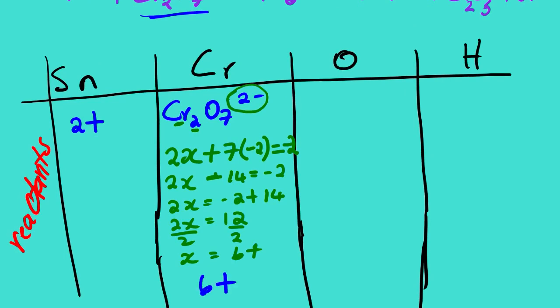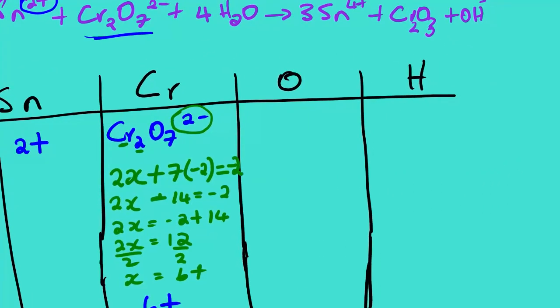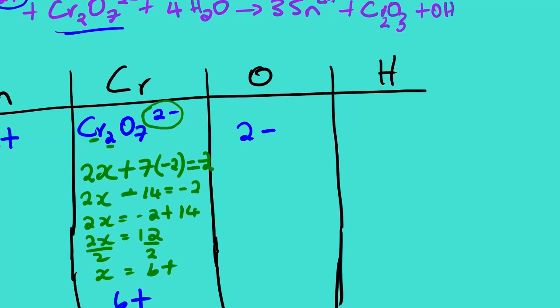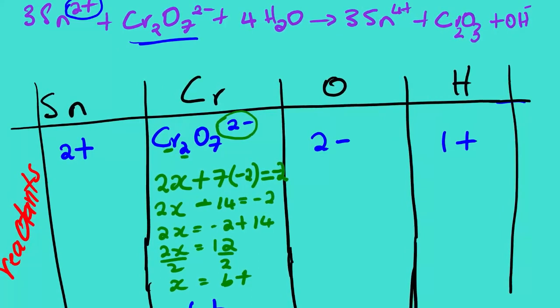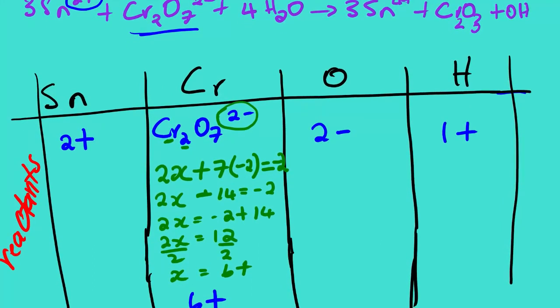So this is the oxidation number of chromium in this molecule, simply 6+. Oxygen, we know that it's 2-, hydrogen is 1 plus. There is a lesson video where we look at the 7 rules of oxidation numbers, on how we determine them. There are certain elements which have a fixed oxidation number.